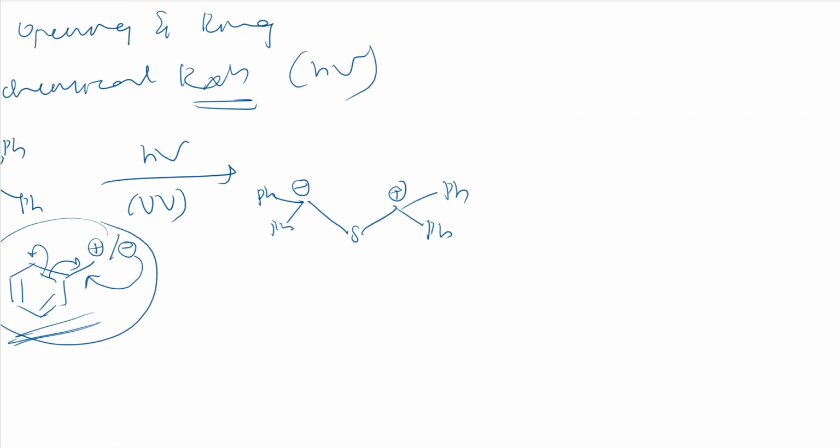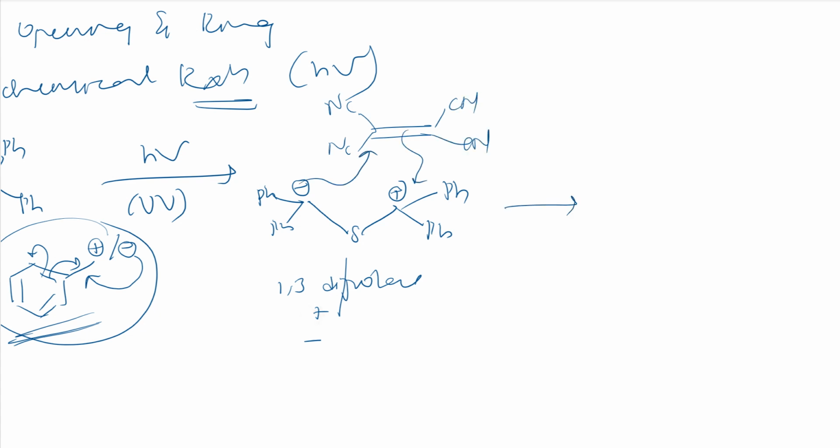To this, if I add any substance like this, it will be like a 1,3-dipolar species, right? Dipolar means both poles, positive pole and negative pole, both are there, and in the 1,3 position, right? To this, if I add any substance like CN, CN, CN, CN, then simply the reaction will go like this, and we will get, see, the initial ring opening it has made, further ring closing it will do, and other things remain as they are.